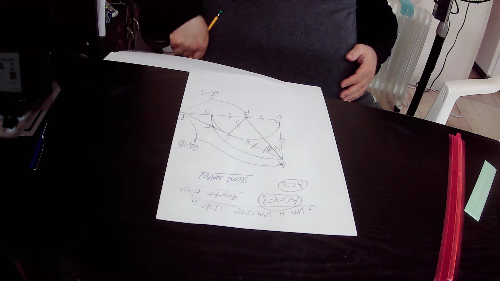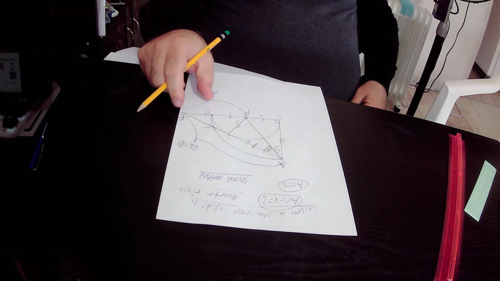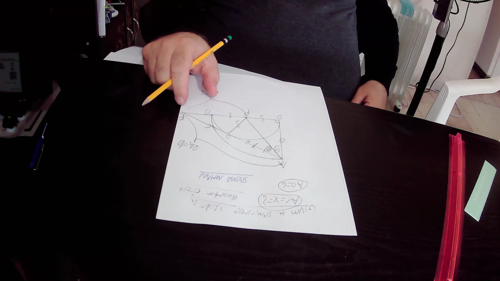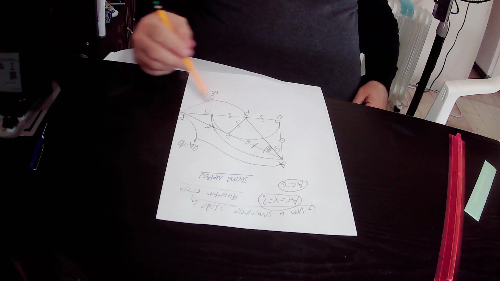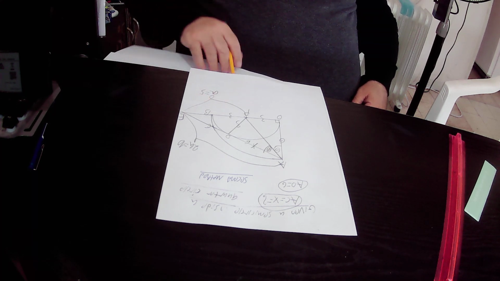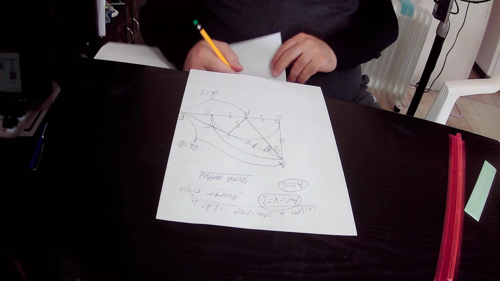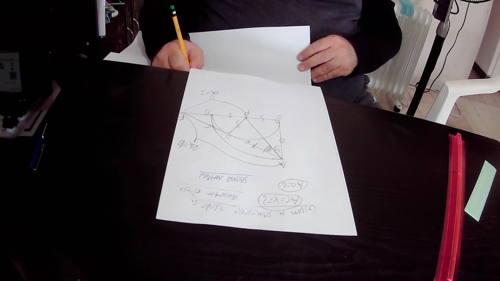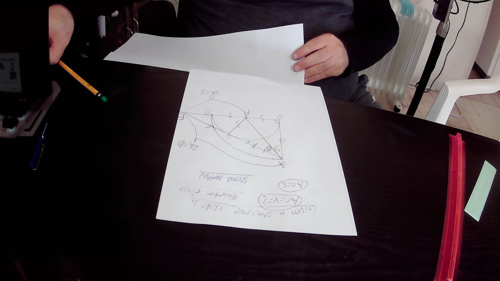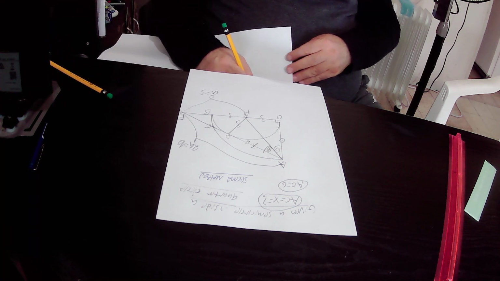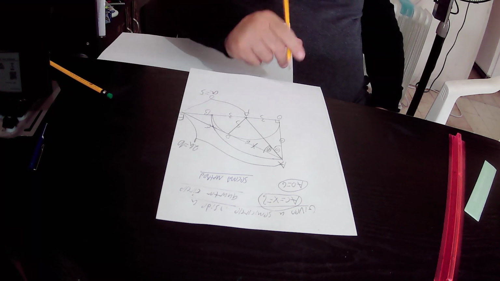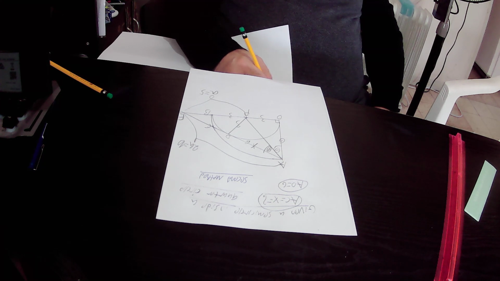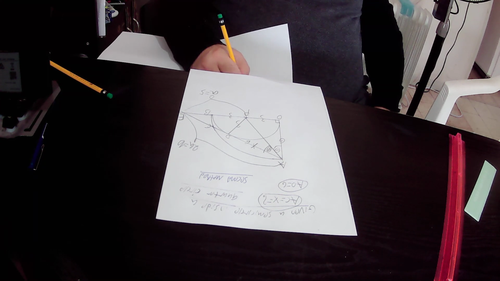And here, what is the length of line segment BE? From the drawing it is very easy to see that PE minus PB equals BE.